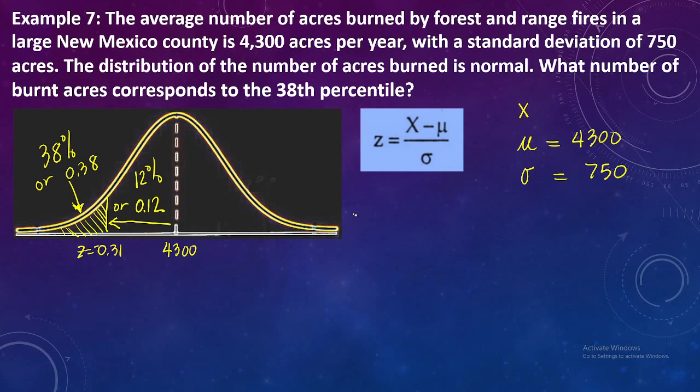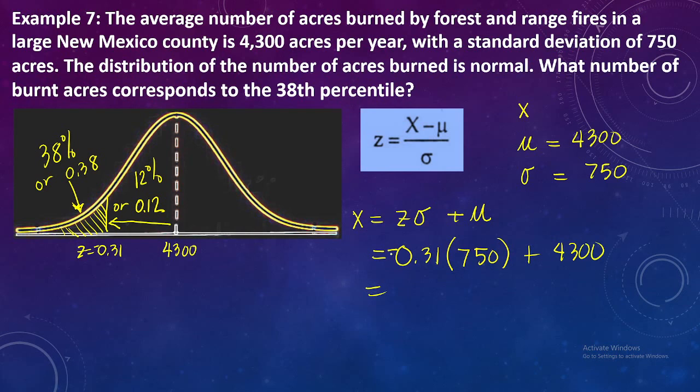The formula, by the way, for our x is z times sigma plus mu. We have our z, which is negative 0.31. Multiply it by the standard deviation, 750, plus 4,300.